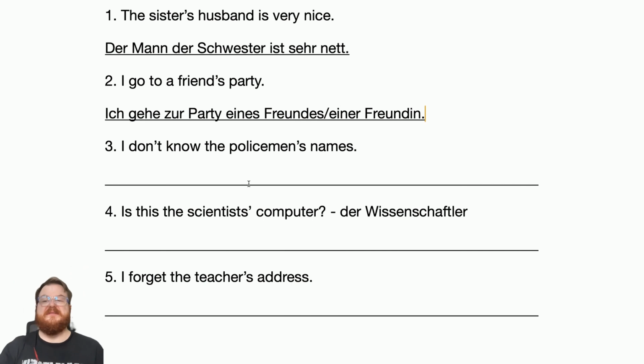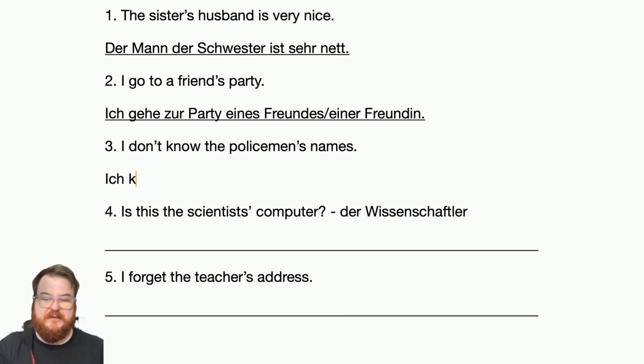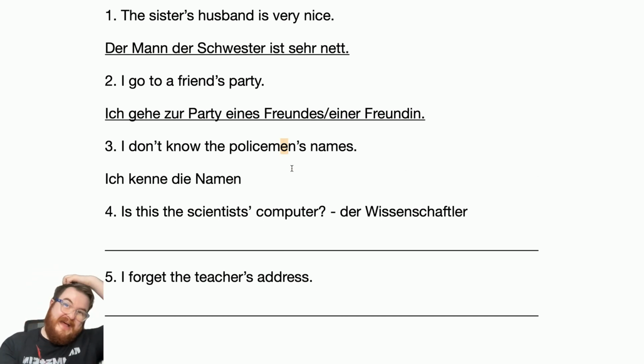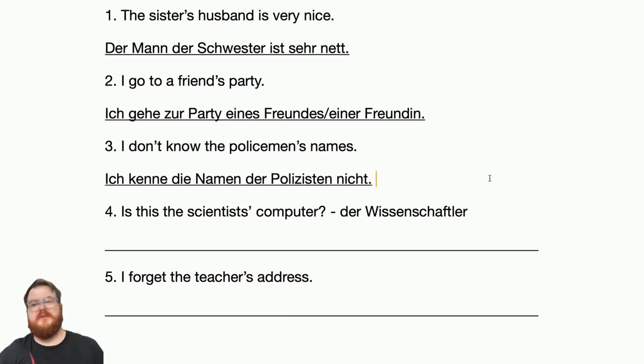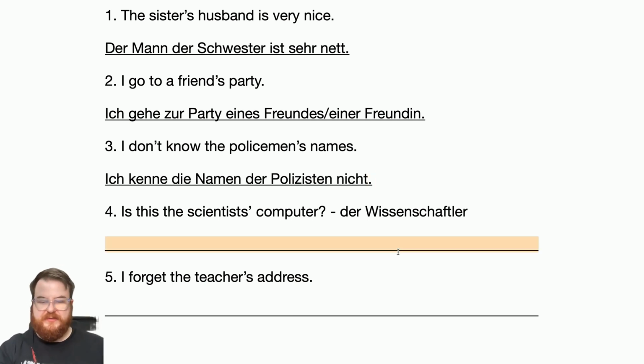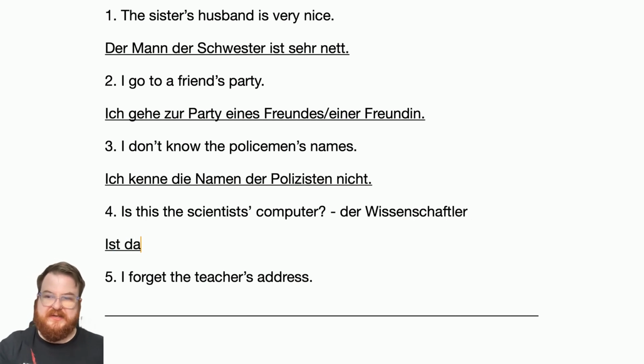I don't know the policemen's names. Ich kenne die Namen der Polizisten nicht. And policemen, this is actually plural. It's not policeman, it's policemen, so it's plural. Is this the scientist's computer?